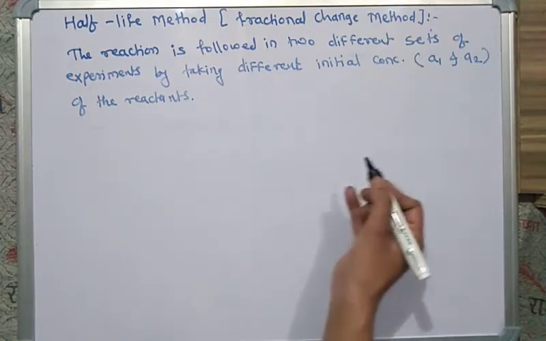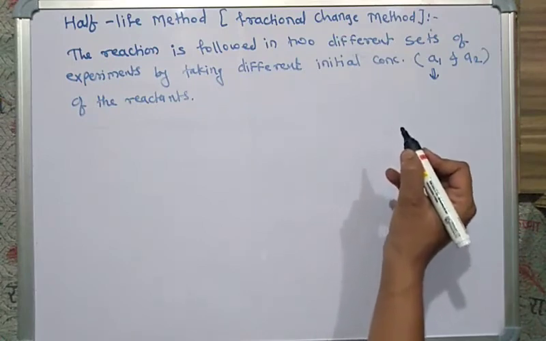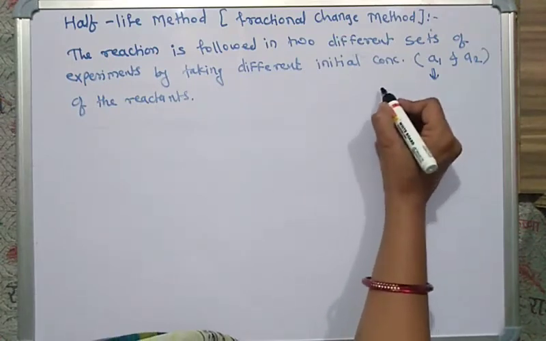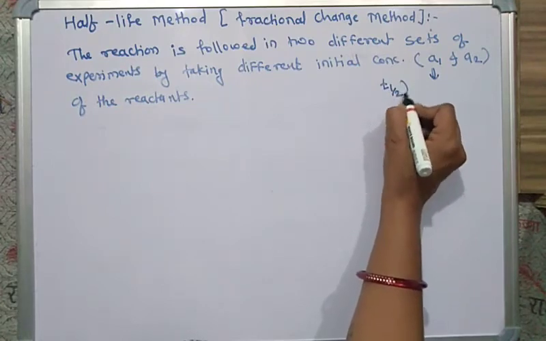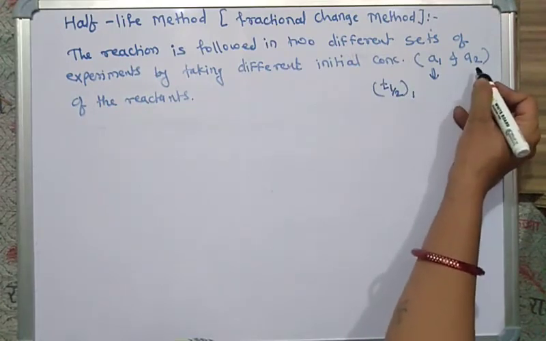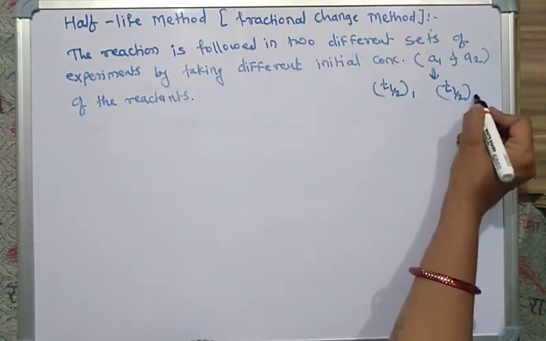In that, we consider the concentration first, A1. In that case, the half-life time corresponds to T half of 1, and for concentration A2, the half-life period corresponds to T half of 2.